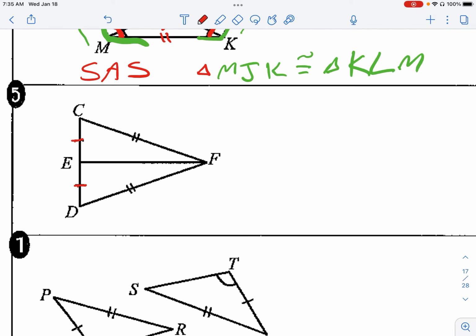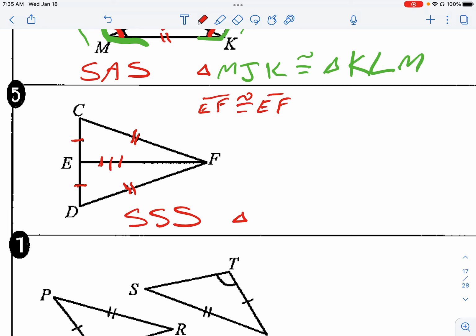Here's a previous example we have. It's the same thing. We got two sides. They share the third side. So EF is congruent to EF. Side, side, side. And triangle, which way do you want to go?